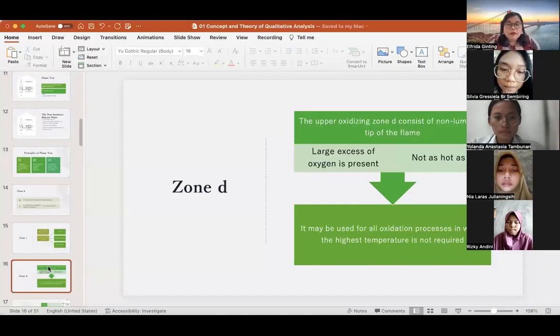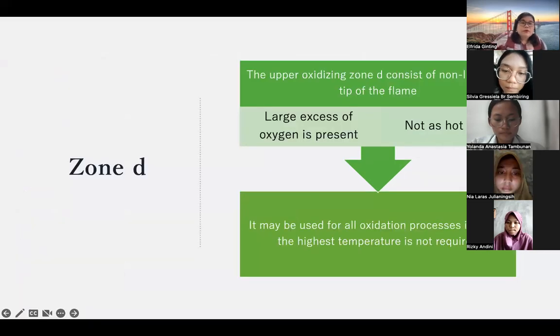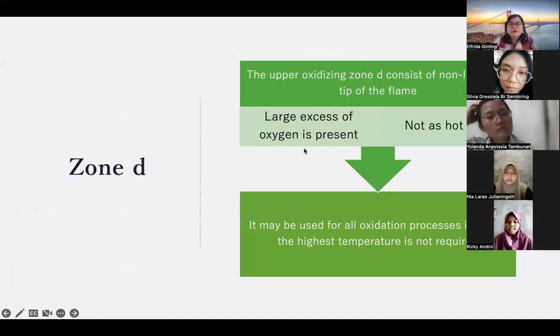Okay. Now, for zone D here, we have an excess amount of oxygen, but if we compare it with zone C, the temperature in zone D is not as hot as C. So what can we do in zone D?